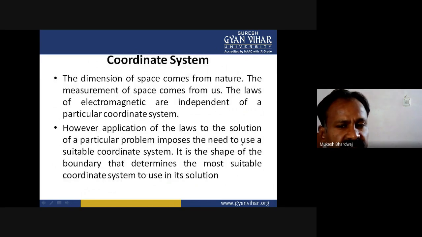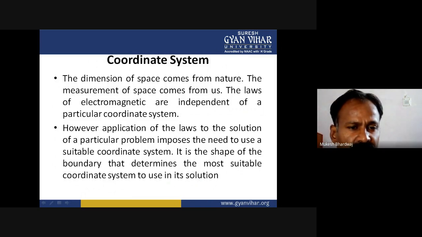Now coordinate system. The dimension of space comes from nature. The measurement of space comes from us. The laws of electromagnetics are independent of a particular coordinate system.